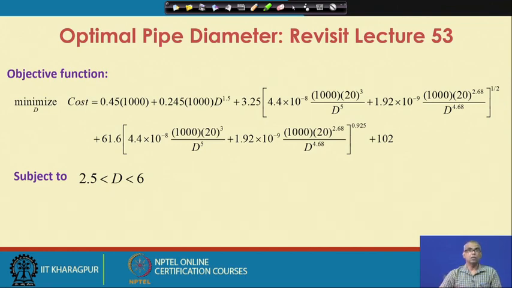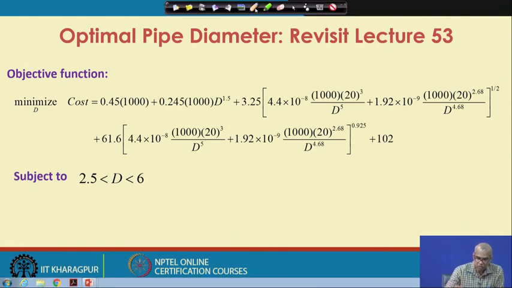Now, as a second example, again let us revisit lecture number 53 and solve again the problem on optimal pipe diameter. Again, that was formulated as a single variable optimization problem. Look at lecture 53 for the problem formulation, which is reproduced here.